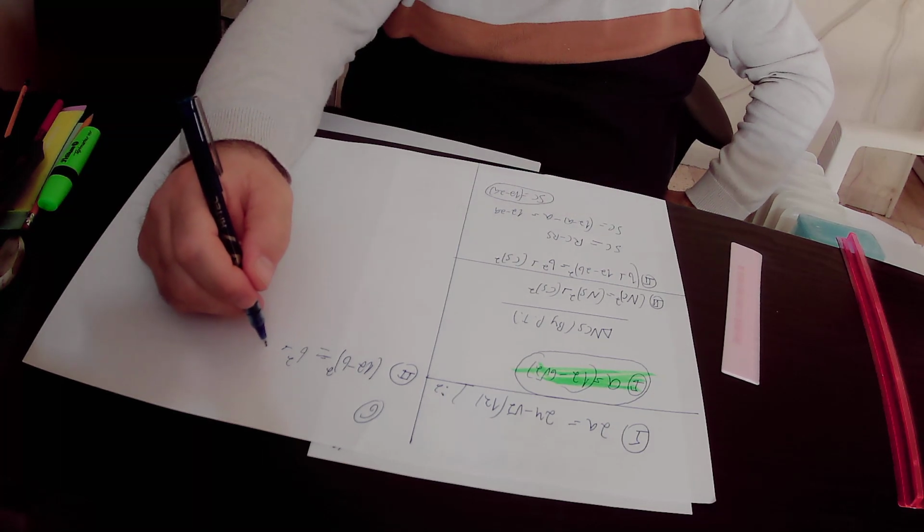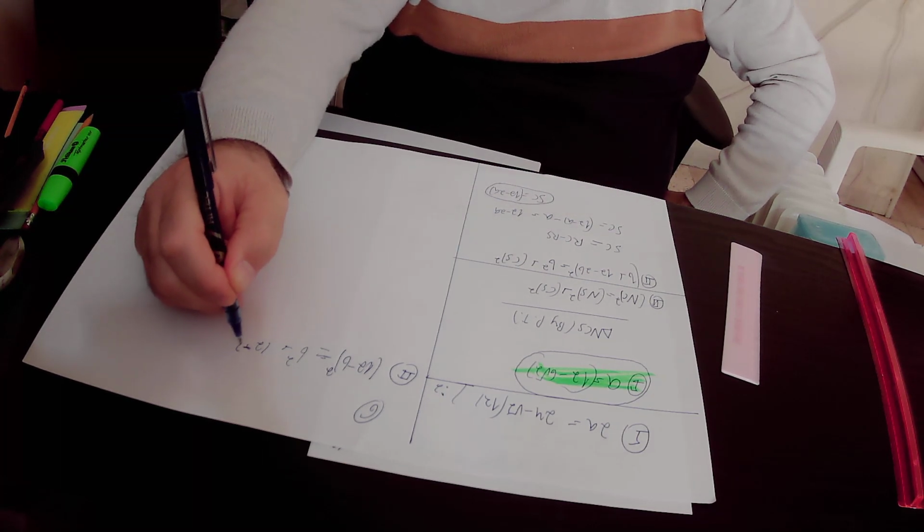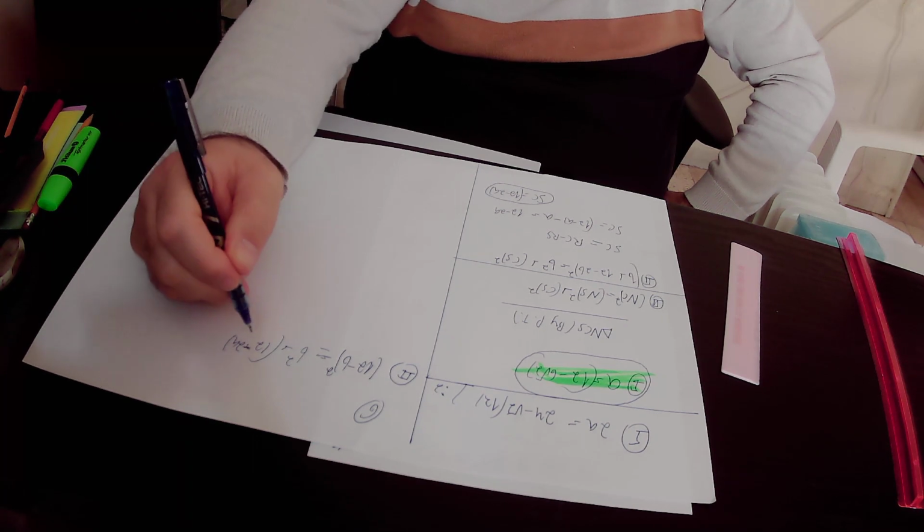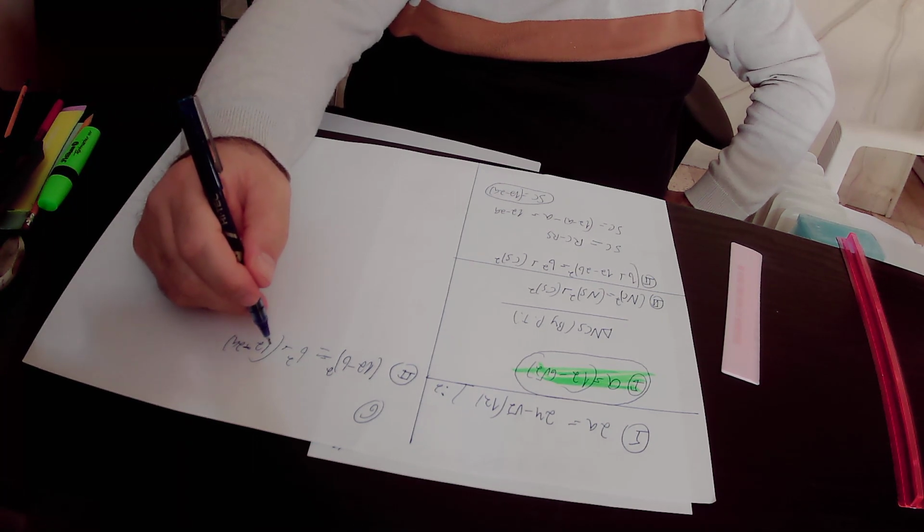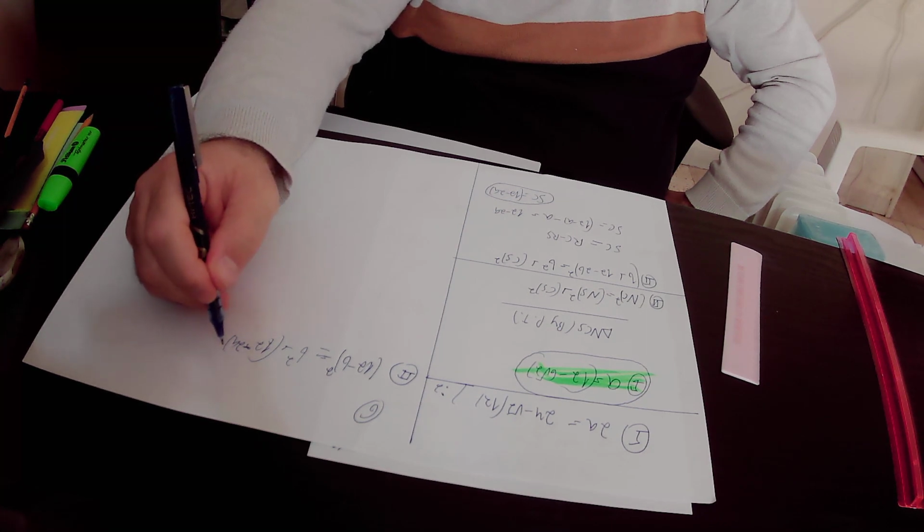CS equals 12 minus 2A, and CS squared will be equal to 12 minus 2A squared.